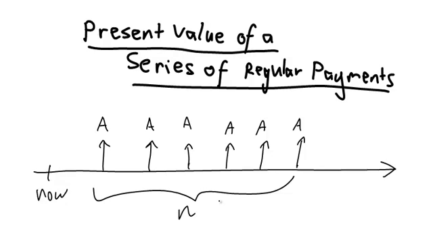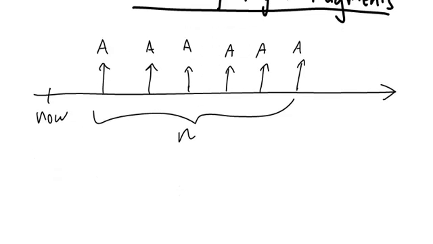Now, when you do present value, you're trying to figure out what you would have to invest now in order to get the same amount of money in an equivalent sense in the future, which means that you're investing using compound interest. So you need an interest rate to do it. So I'm just going to add that to this.